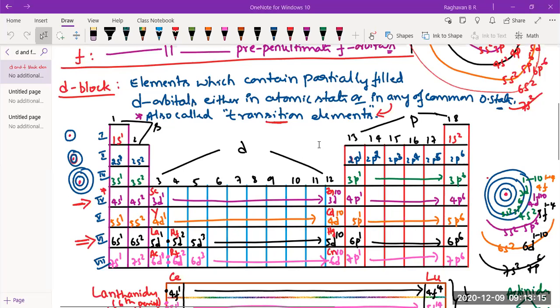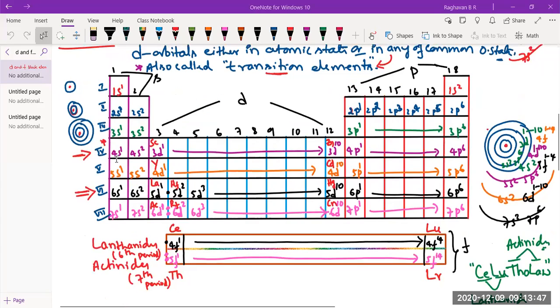So when it doesn't exhibit variable oxidation state, chemically it doesn't behave similar to the non-metals. The transition from metallic nature to non-metallic nature will happen only when there is a partially filled d orbital. Because of the partially filled d orbital, there are so many properties which resemble P block or non-metals. If it is completely filled, it exhibits only one oxidation state like S block elements, which only behave as metals.